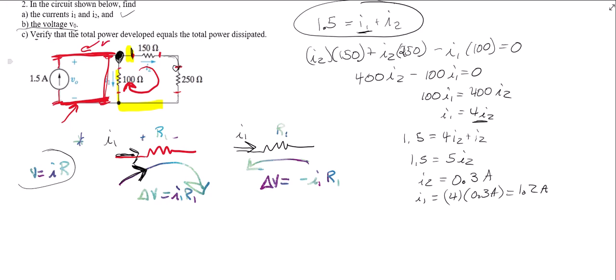So we know that the voltage change across these two elements has to be the same. So if we can find the voltage change across this 100 ohm resistor, that voltage change will be the same as the voltage change across the current source.